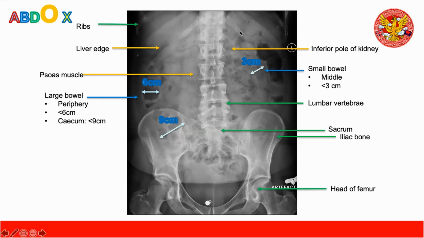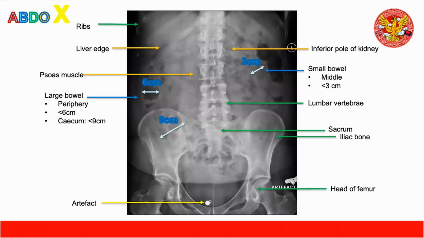Whereas if you see calcifications in the region where you'd expect to see the kidney, that would be more suggestive of renal stones. And then finally, you have a look for external objects. In this abdominal x-ray, there's an artifact which potentially is a button of their trousers or something.